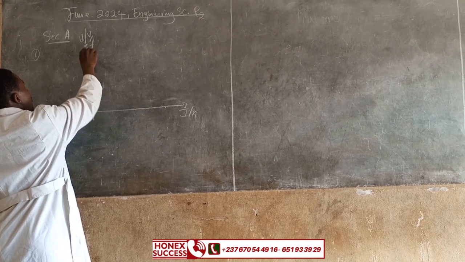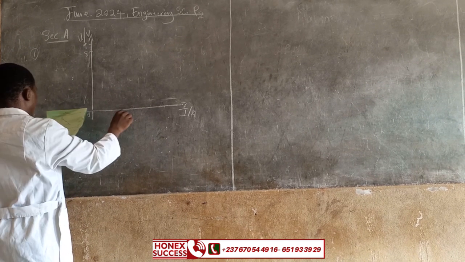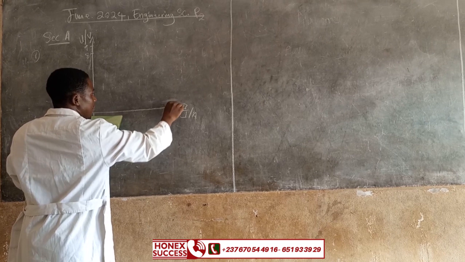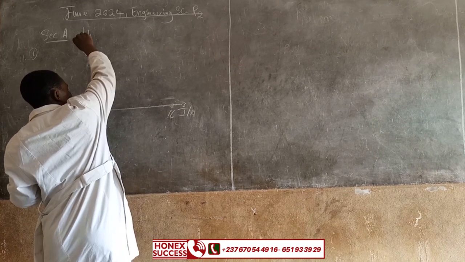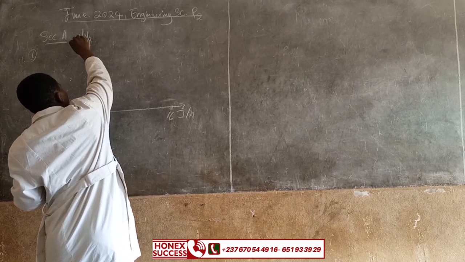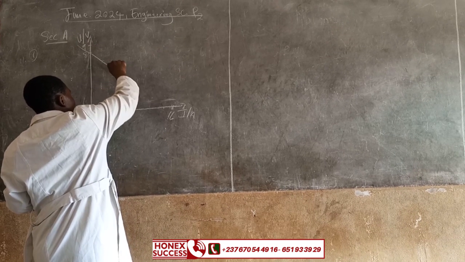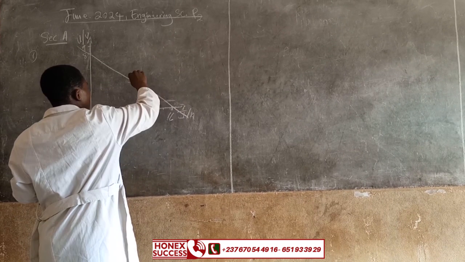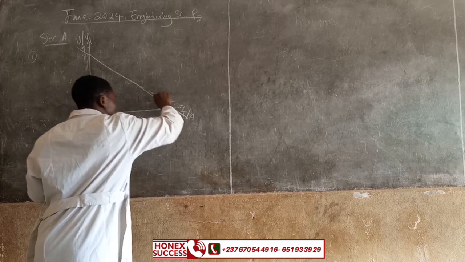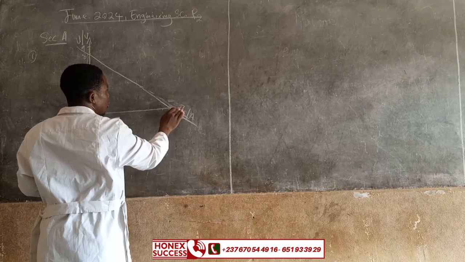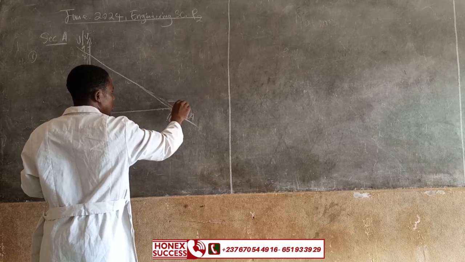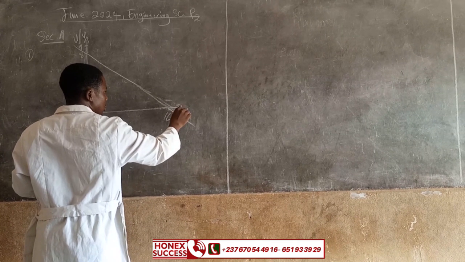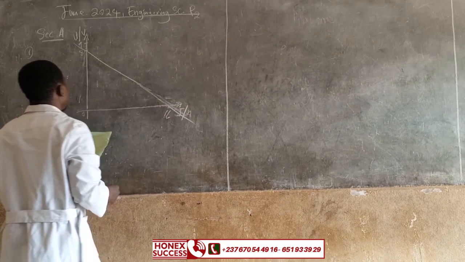Then somewhere here we have 8, and here we have a value of 16. There's a straight line that passes like that and crosses at 16. That's I in amperes.